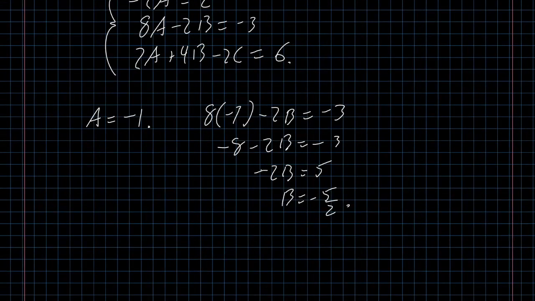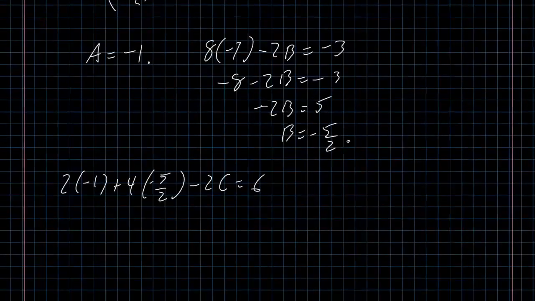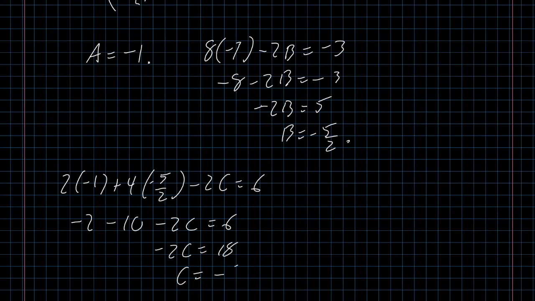Then take that value of b and the value we know of a, plug them into the third equation. And we get that c is -9.